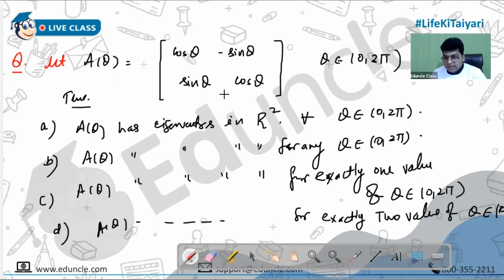No. What I am saying, student, कि this is orthogonal matrix. Orthogonal matrix has determinant +1 -1? Yes or no? What are the eigenvalues of this orthogonal matrix?